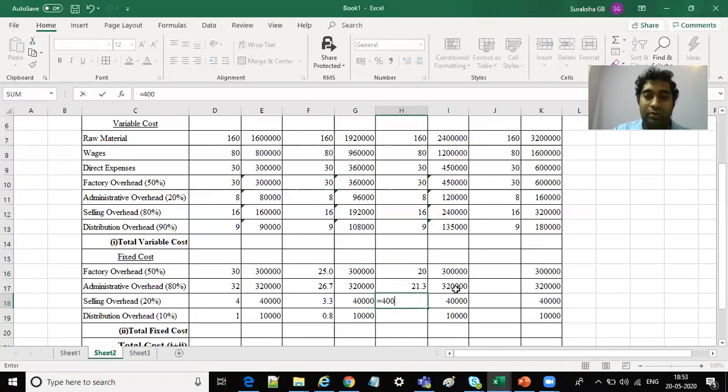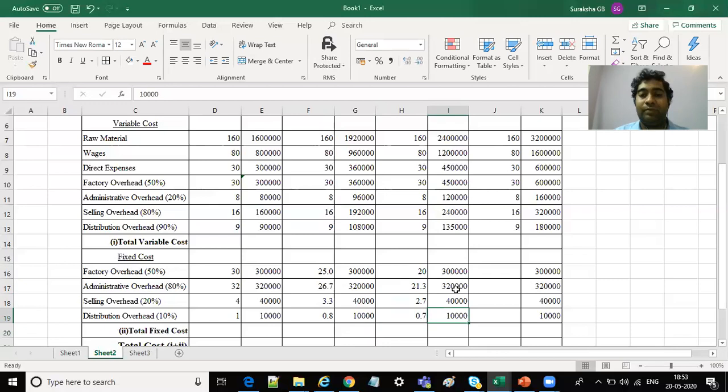Next, 40,000 divided by 15,000 is 2.7. And the last one, 10,000 divided by 15,000 will be 0.7. For the last level, it is 3 lakhs divided by 20,000 units, that is 15, and automatically we will calculate the values.